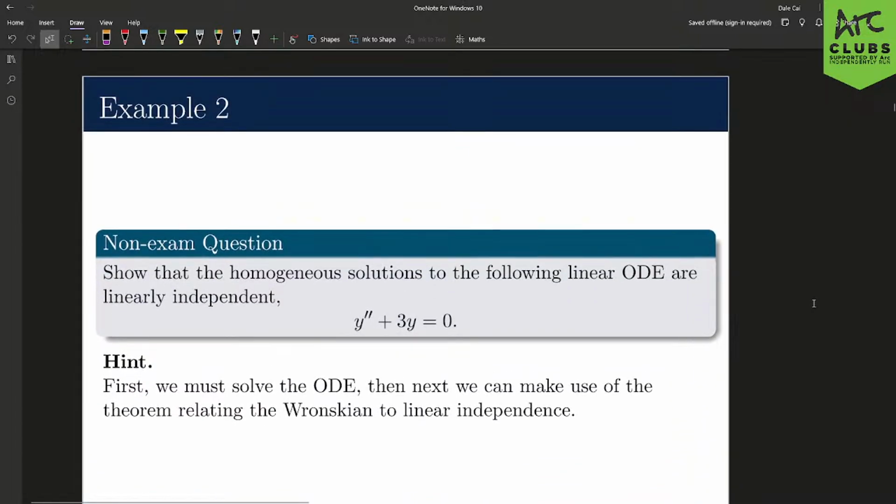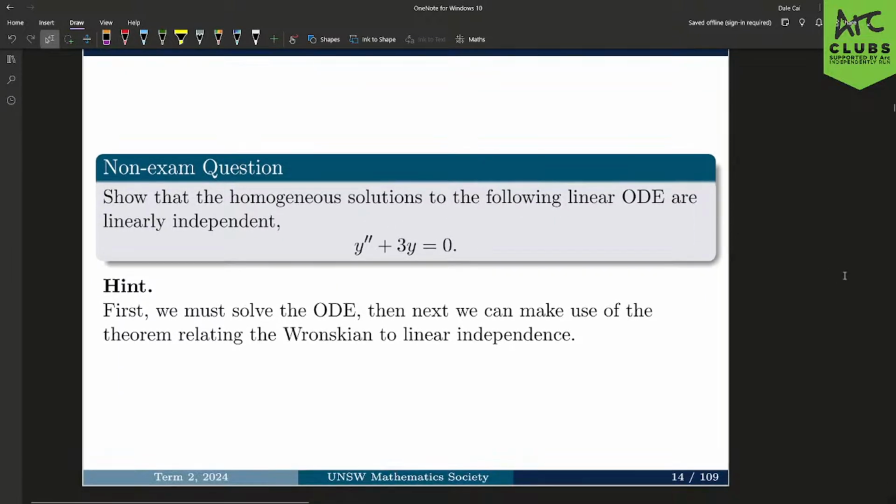Okay. We want to show that the homogeneous solutions to this ODE are linearly independent. So we're going to solve it, and then we're going to use the Wronskian to determine if they are linearly independent. So the characteristic equation, I'll just call it the CE, is r squared plus 3 equals 0. And this gives us the solutions plus minus root 3 i.